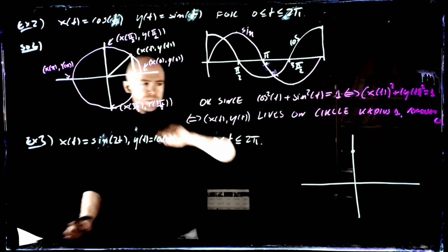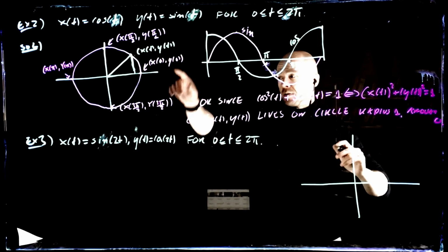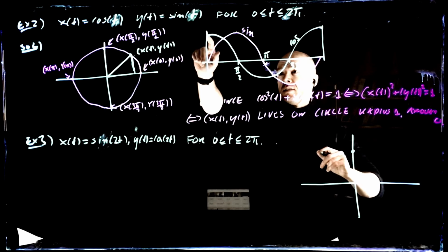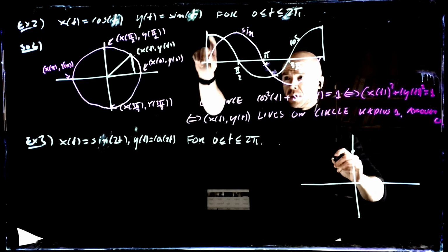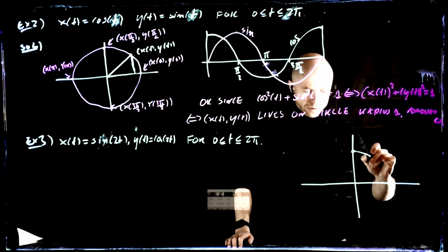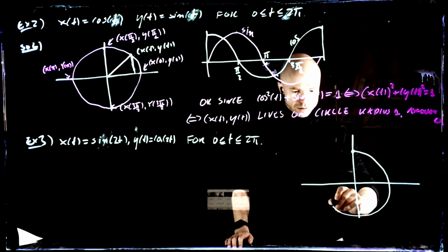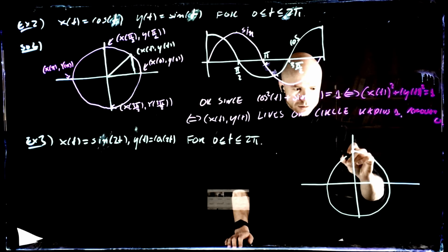Whereas this one, as t increases, sine is going to decrease and cosine is going to increase. So it goes like this. So it's going in this direction. It's going to go around like this. You see what I mean?